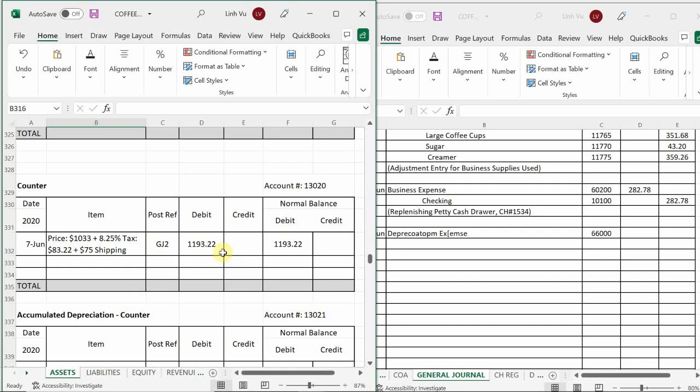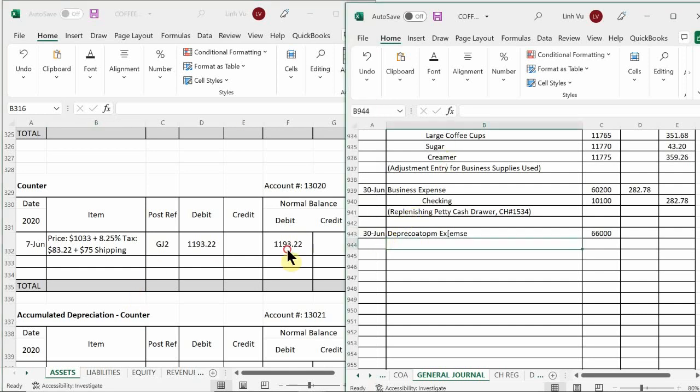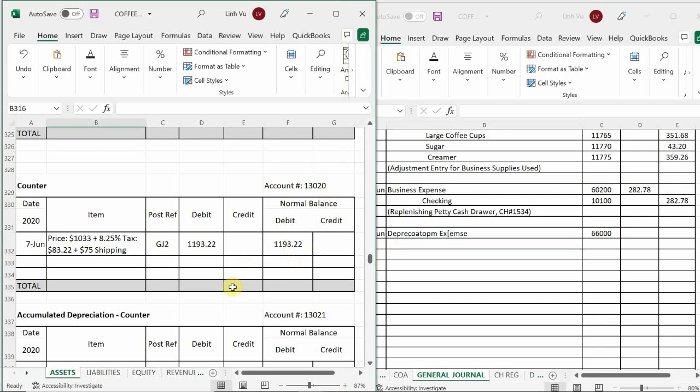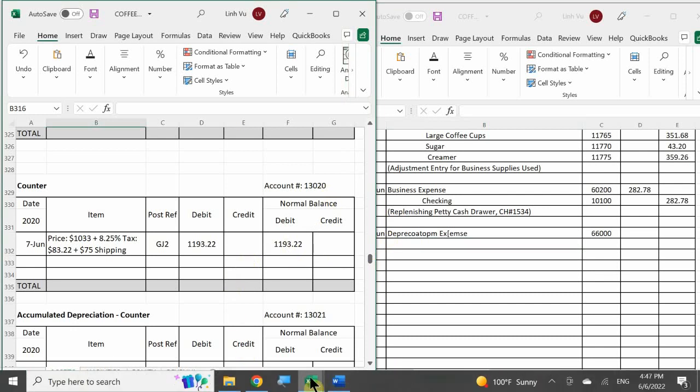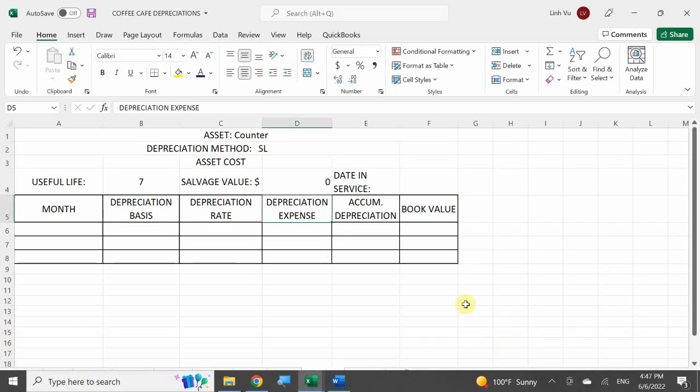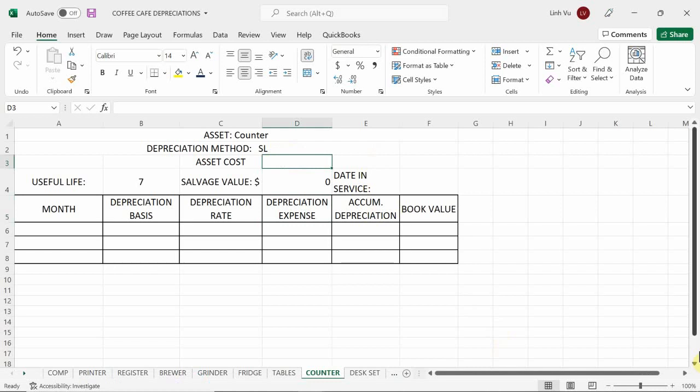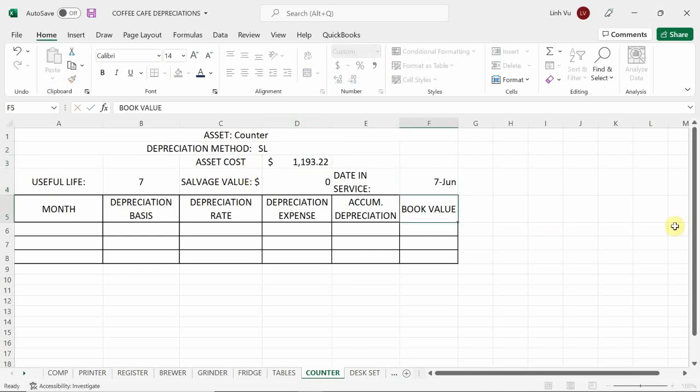So $1193.22 for the counter. Okay, June 7.